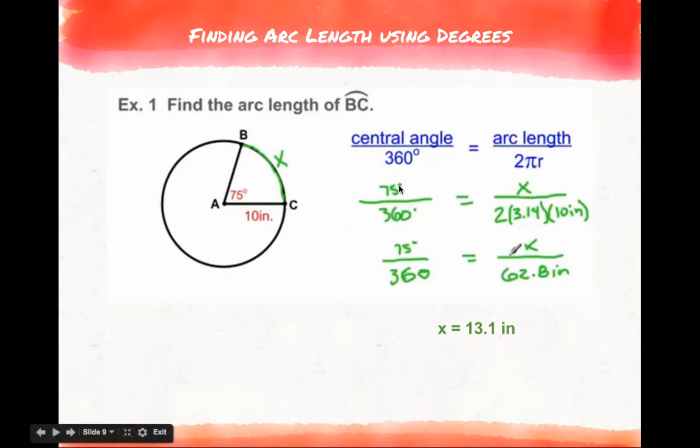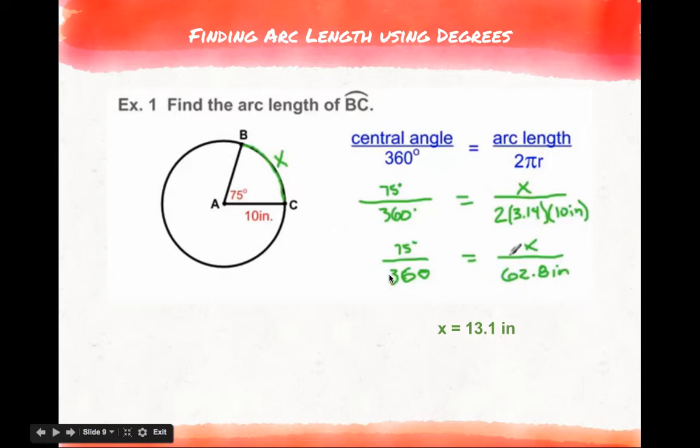So here I'm filling in: central angle 75 degrees is to 360, as my arc length, which I'm calling x because that's my unknown, is to 2 times pi times my radius, 10 inches. I use my calculator to multiply 2 times 3.14 times 10, and I get 62.8. To solve for x, I multiply both sides by 62.8.